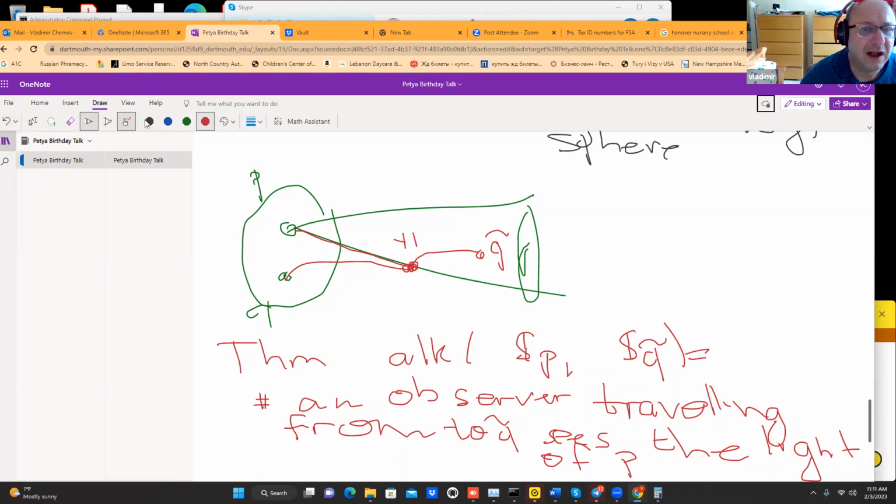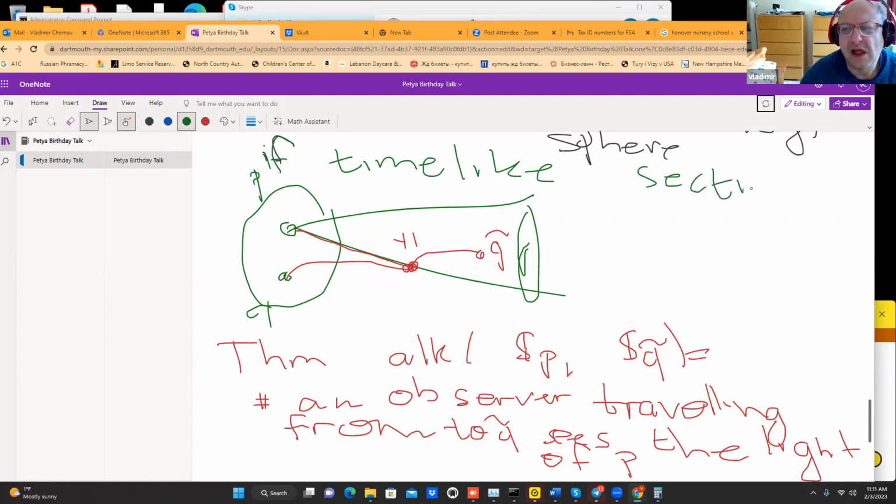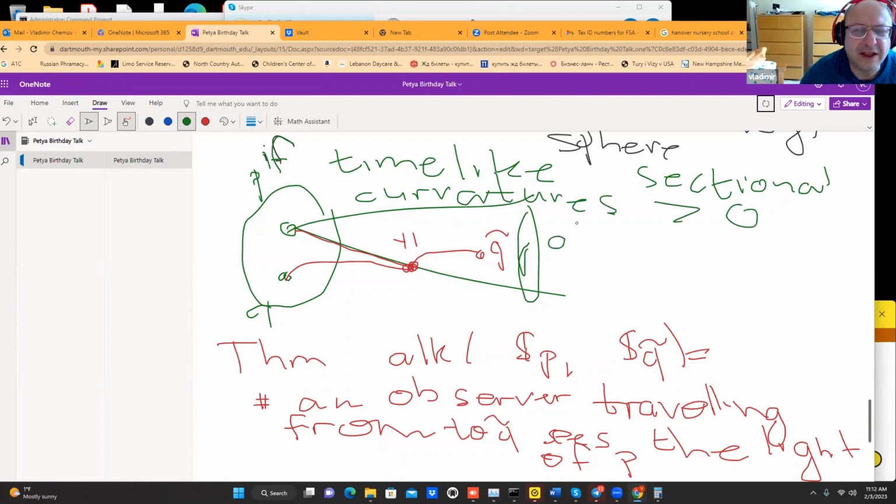And finally, the final piece of the puzzle is that if time-like sectional curvatures are greater than 0, then the affine linking number is non-zero exactly if P and Q are causally related.